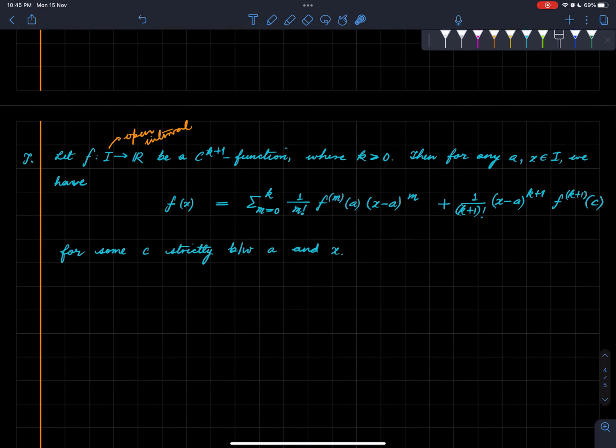The proof is, so this is already our p k, the first part. So we just need to show that r k looks like this for a suitable c.